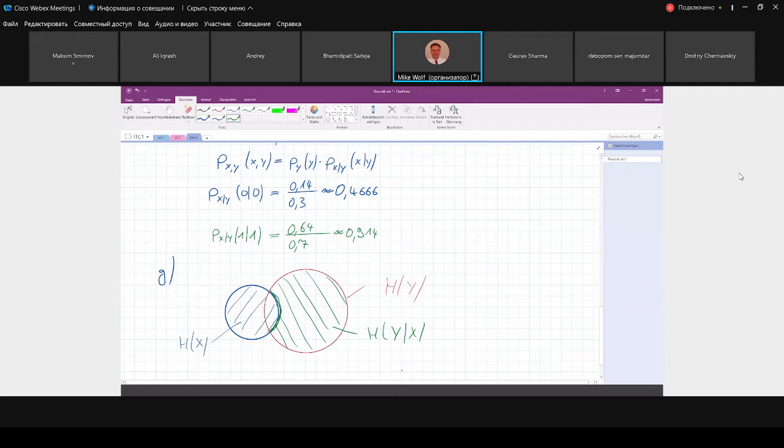Let's say I have such a green one for x given y.